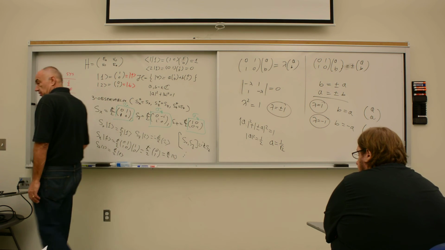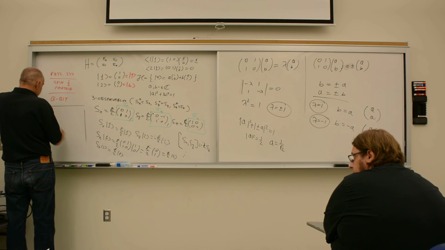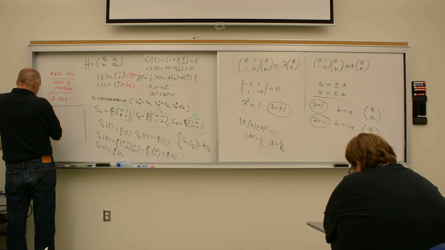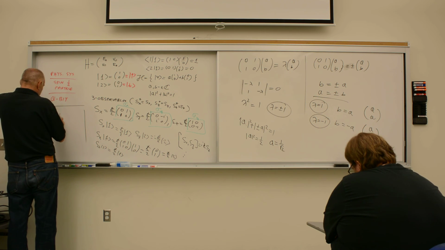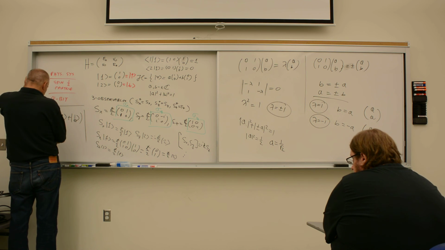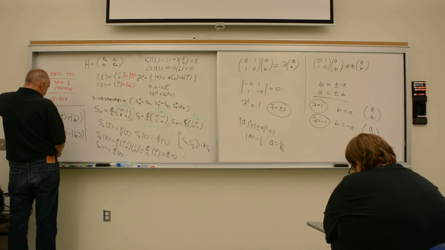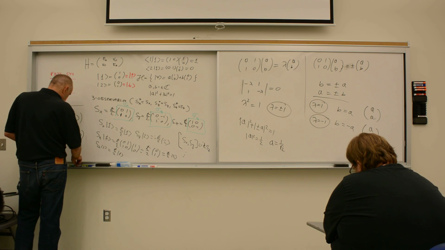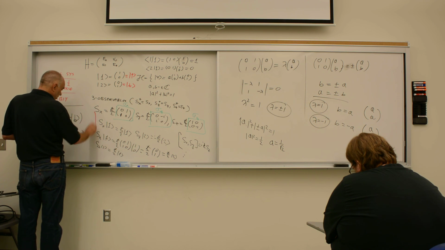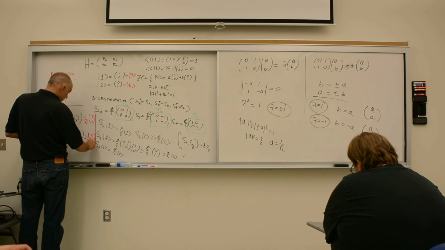So then, easy. Basically, eigenstates of Sx are 1 over square root of 2 times up plus down, and up minus down, or in matrix notation if you want, this is 1 over square root of 2 times (1, 1), and this one is 1 over square root of 2 times (1, minus 1).